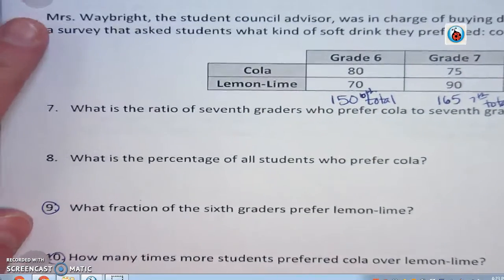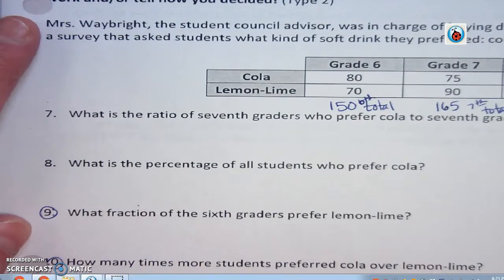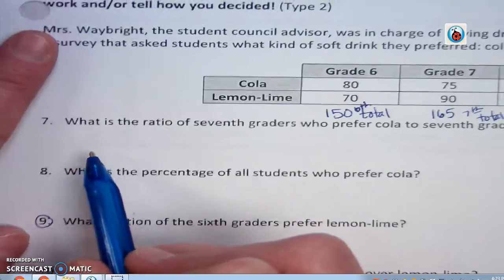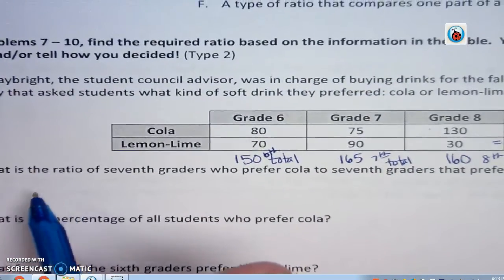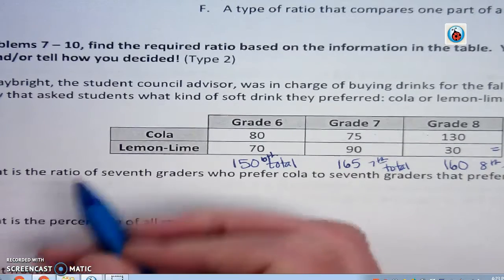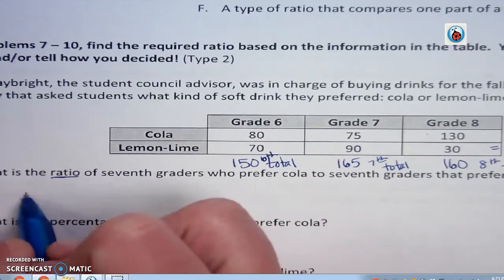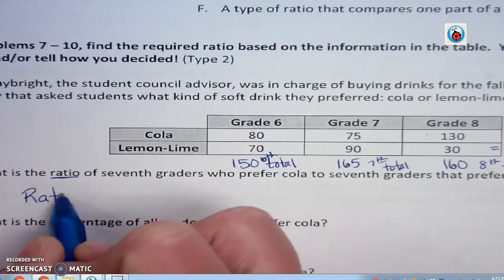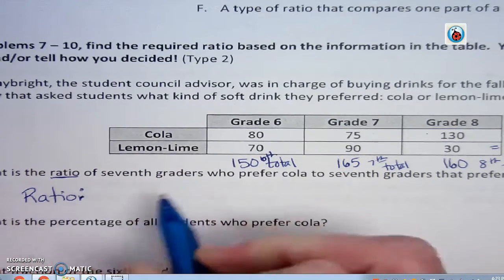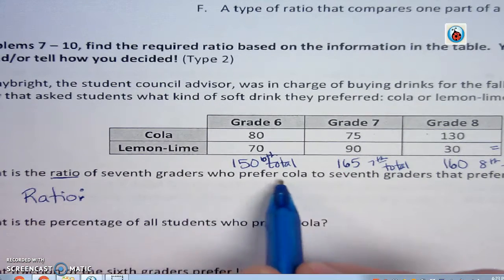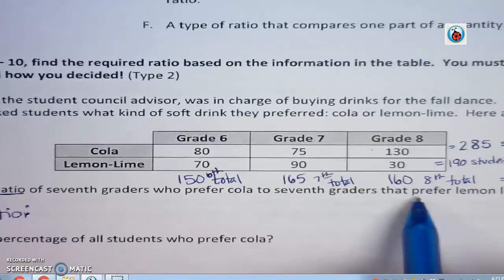Now, even though I'm only going to talk about 9 and 10, I do want to point out that it's really important that you pay attention in each problem to what it asks. In number 7, it says, what is the ratio? So here you'd be finding the ratio of 7th graders who prefer cola to 7th graders who prefer lemon lime.